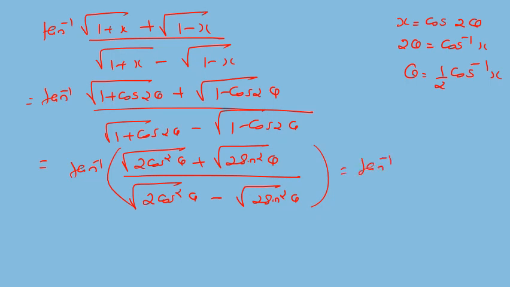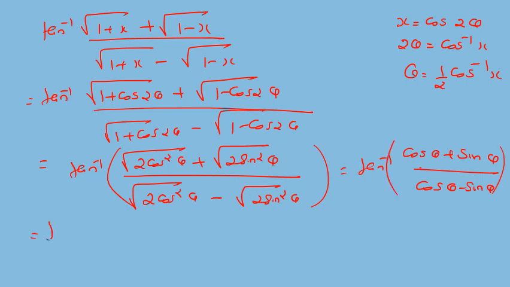Root 2 you can take outside and cancel. Then what you are getting is cos theta plus sin theta divided by cos theta minus sin theta. We will get like this.